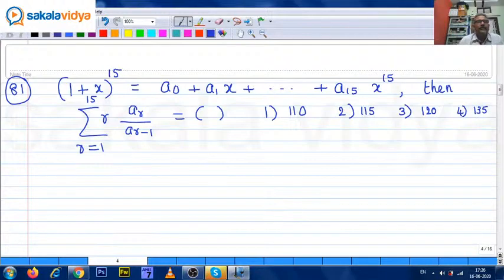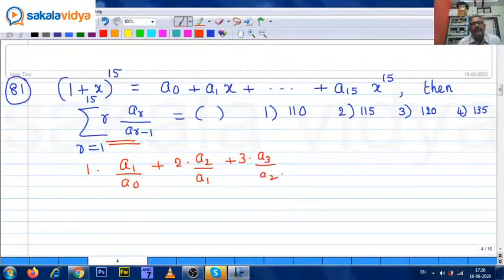Right. See, if you observe this one, this is nothing but, r is equal to 1 means you can write like this: 1 into a1 by a0 plus 2 times a2 by a1 plus 3 times a3 by a2 and so on, plus n times an by an minus 1. So already we have done this problem, but instead of a1 we consider c1, c0 like that.